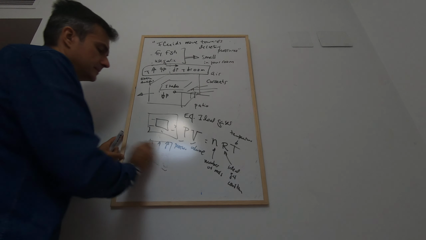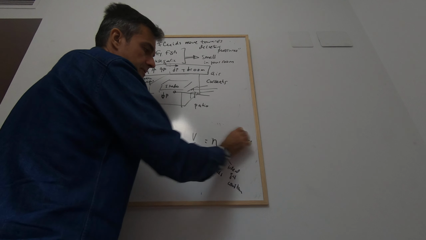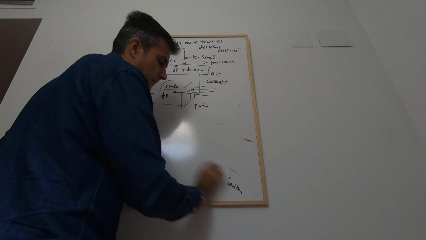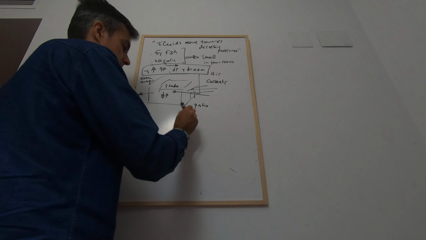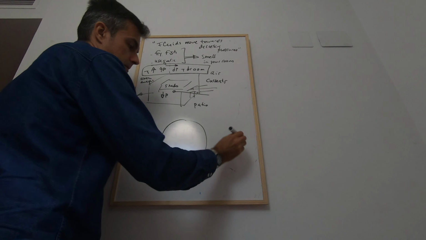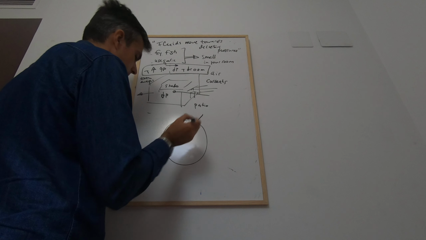Well, the idea, the global circulation of Earth, global circulation means we consider full Earth like this. So the axis is tilted, but that doesn't matter.